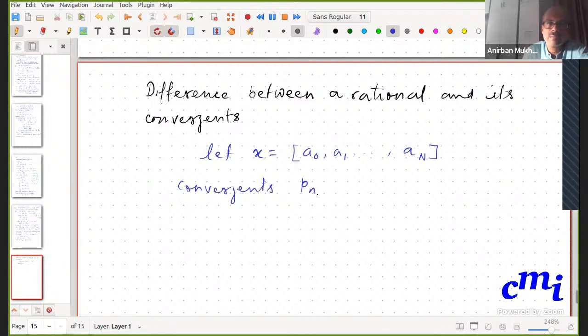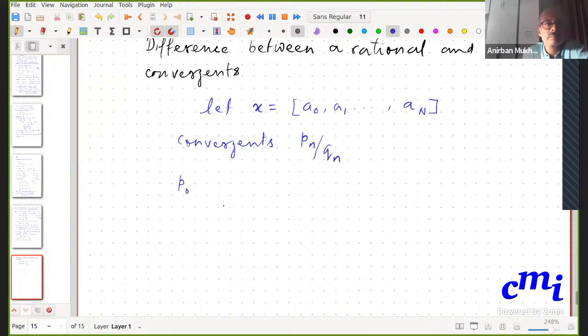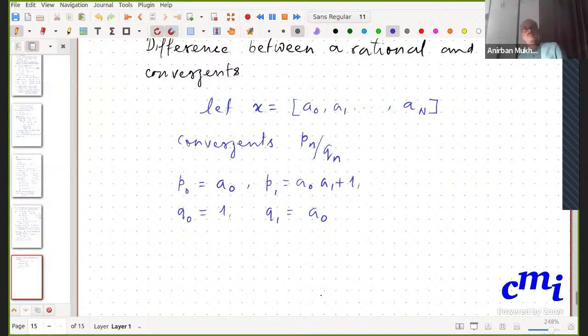convergence are this Pn by Qn, where P naught was A naught and P1 was A naught A1 plus 1. Correspondingly, Q naught was 1. Q1 was A1. No, sorry, this is A1.